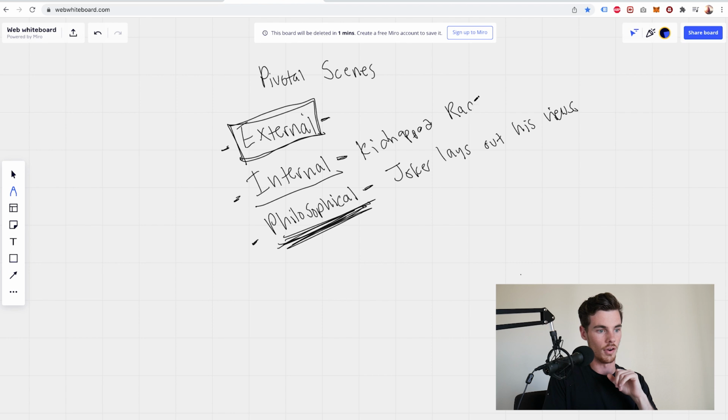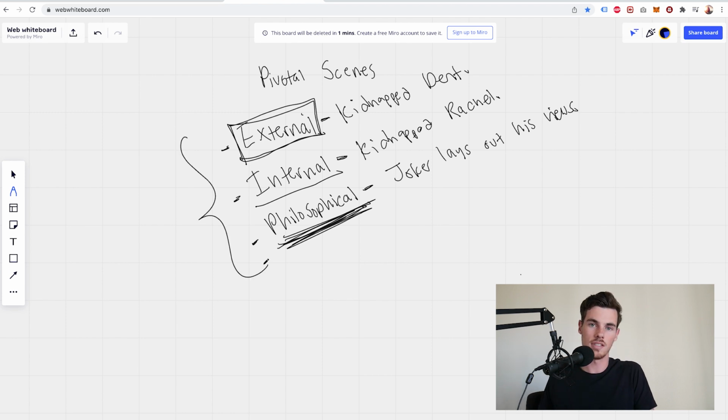And this is our internal stakes. And also he has kidnapped Harvey Dent, right? So this scene handles all three of these stakes, and then at the end of the scene, Joker is forcing Batman to make a choice based upon mainly these two, right? But then he's a step ahead of him, of course. Things go wrong, this sort of thing.